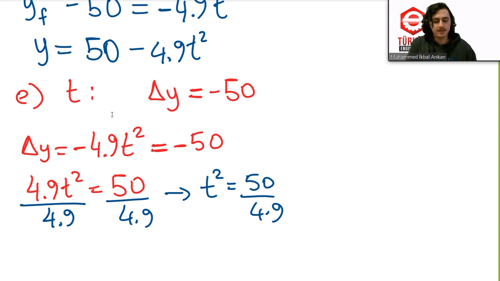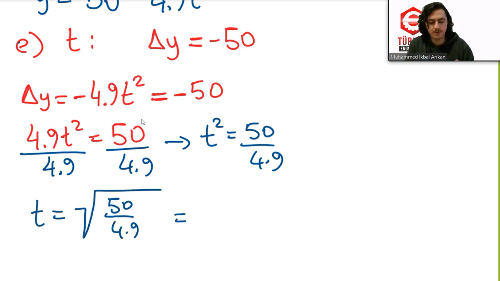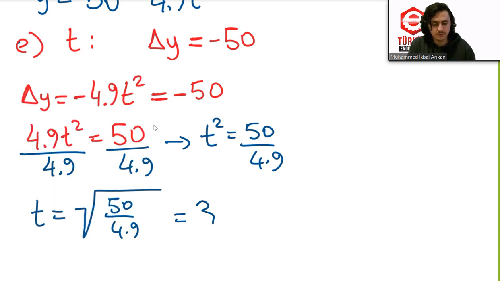What about t? When you take the square root of both sides, you will get t. That means t will be equal to the square root of 50 divided by 4.9. So let's see what our time is. 50 divided by 4.9 will give me our time, which is 3.2 seconds.